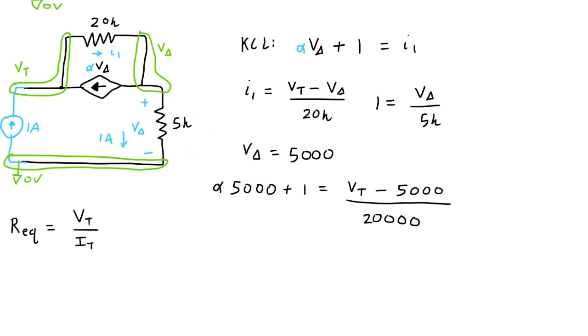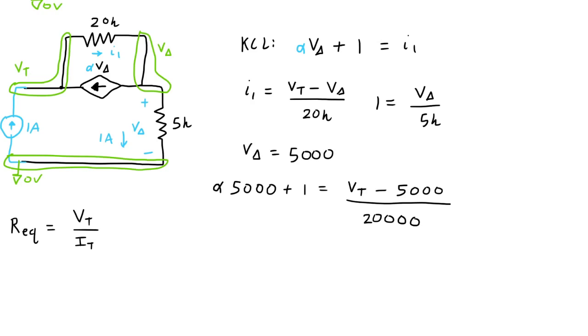And since we set this to be 0 over here, then V delta is equal to 1 amp, whatever the current is, times this. So that ends up being 5,000 volts. And that sounds like a lot, but it's just a test current. It takes a lot of energy to move an amp of current through the circuit because of these high resistance values.